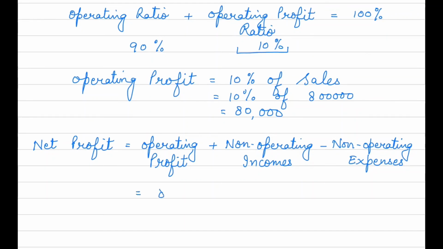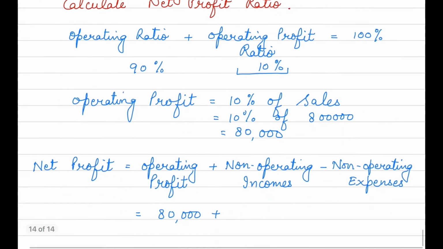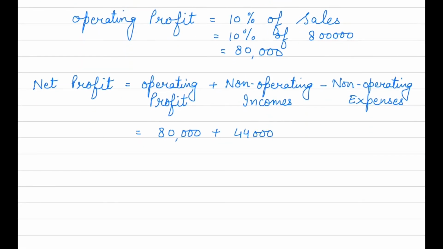So we will put that value here. And now what about non-operating incomes and non-operating expenses? Now these two are given in the question. Non-operating income is given as 44,000 rupees and non-operating expenses, they are given as rupees 4,000. So we are going to put these values here, plus 44,000 minus 4,000, and this will give us 1,20,000 rupees. So this is our net profit.